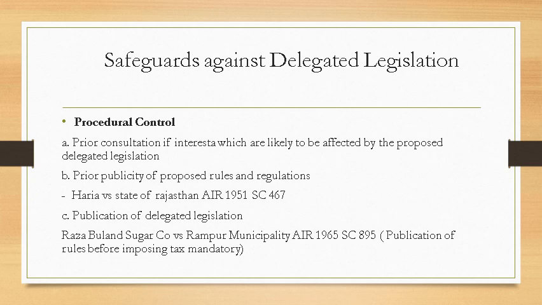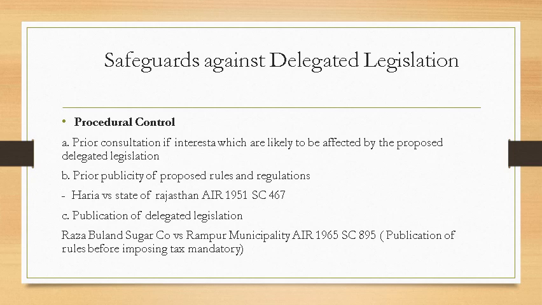For example, in this case, Raza Buland Sugar Company versus Rampur Municipality, what really happened was there was a statutory provision requiring publication of rules before imposition of tax. Now, it was held by the courts that this is mandatory, which means you need to go ahead with publication.